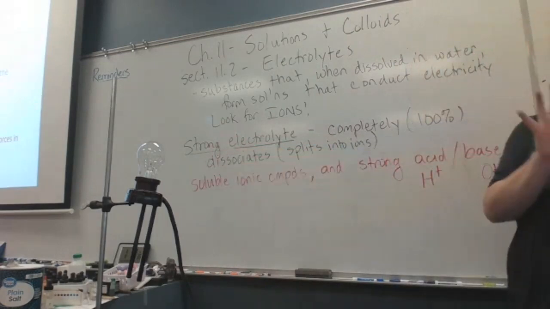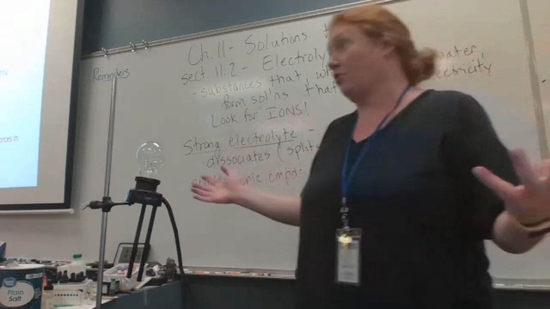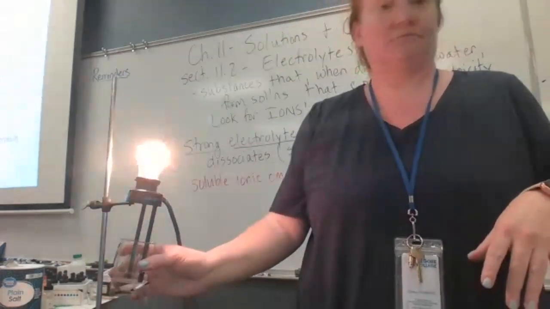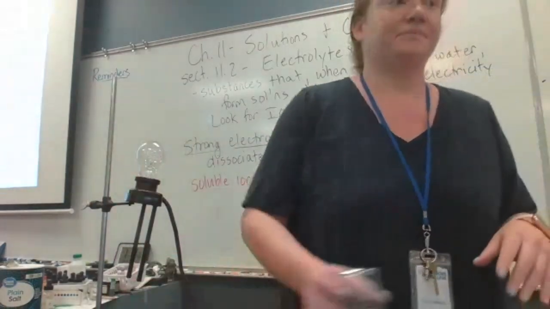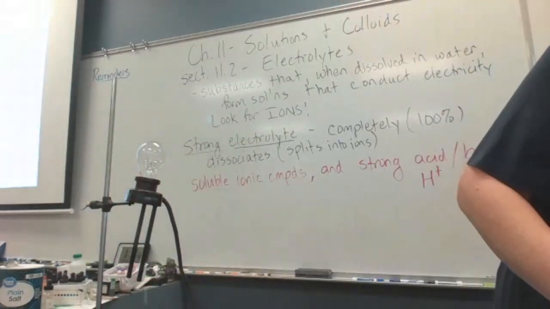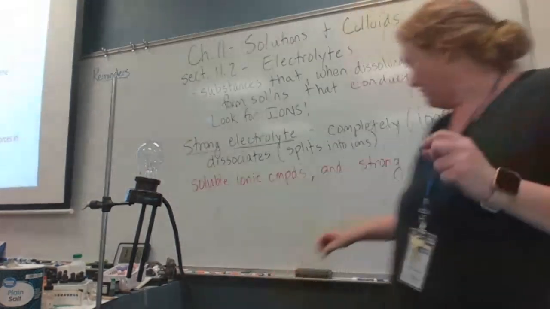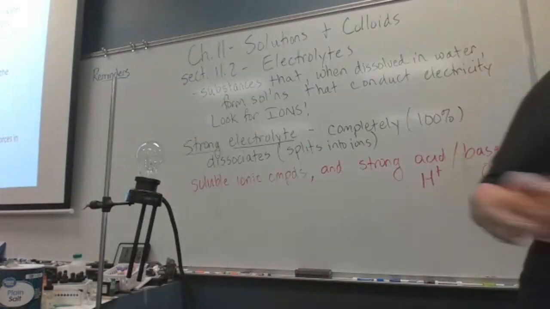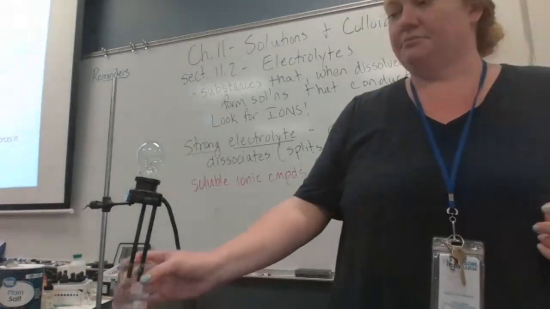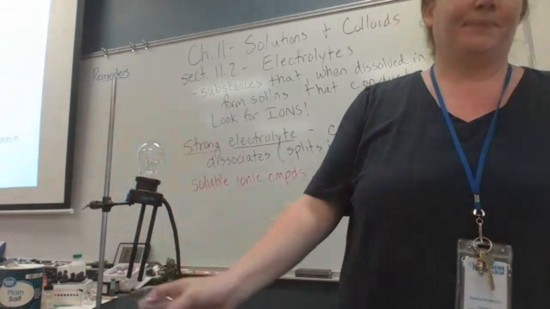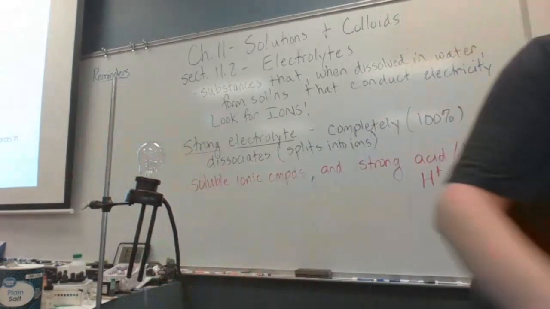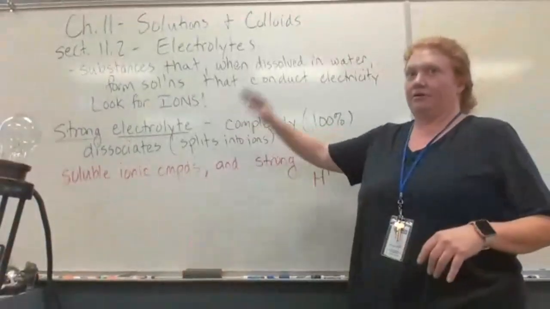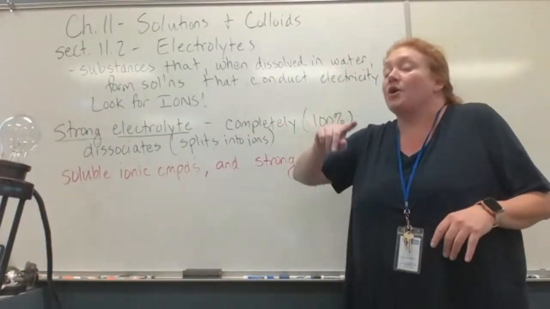Now, acids and bases do their own chemistry with water, which we're going to devote a whole chapter to. But strong, right? What about sodium hydroxide? Didn't I say that was a strong base? Yep. Okay. What is weak then? It doesn't dissociate 100%.